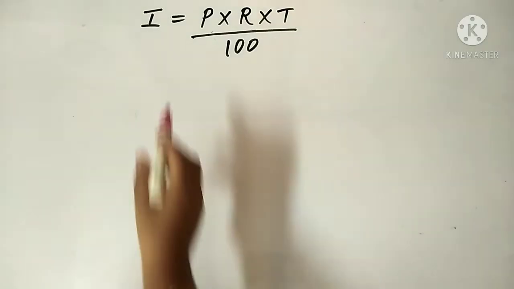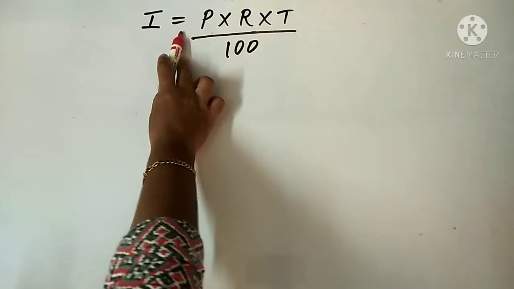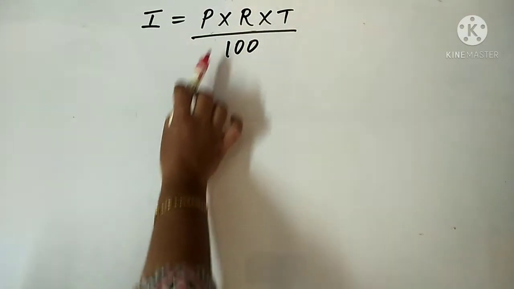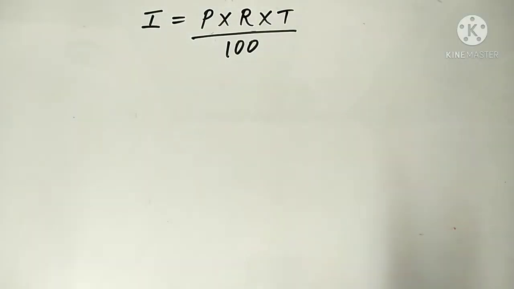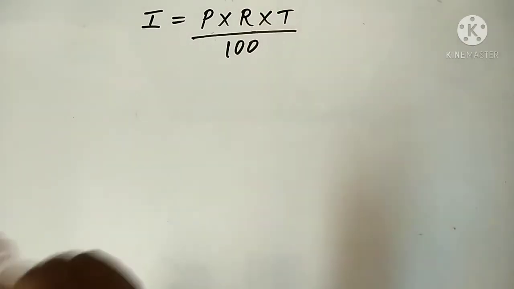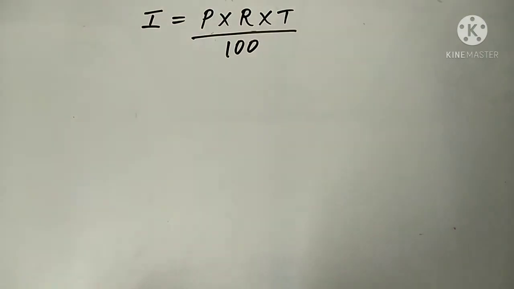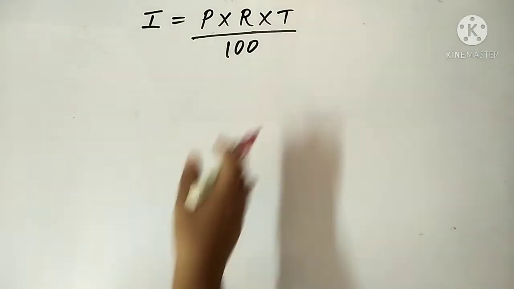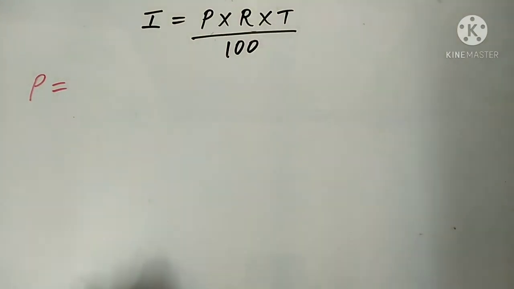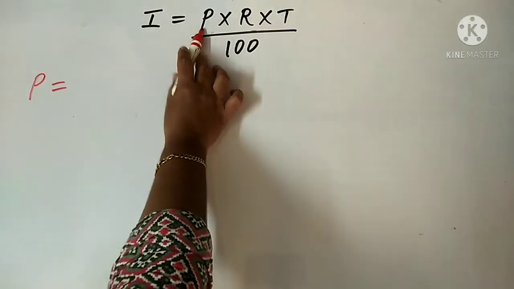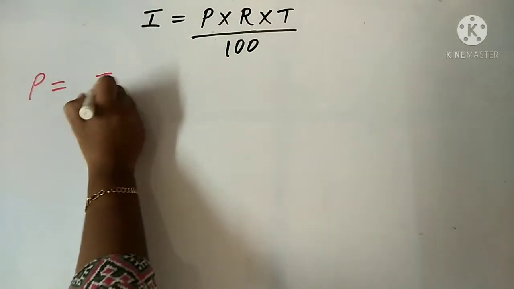Next topic. Formulas for finding principal amount, rate of interest and time. We know interest we can find by using the formula PRT by 100, or P into R into T by 100. Now we will rearrange this to get the formula for finding principal, rate and time. First we will find the principal if all other values are given. Principal amount is equal to interest.